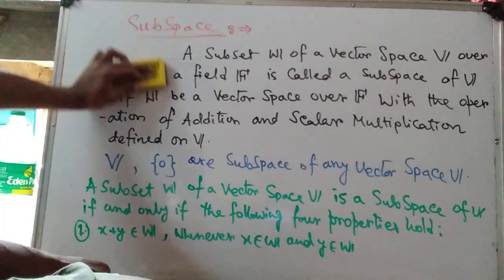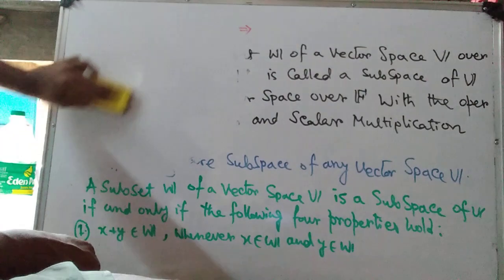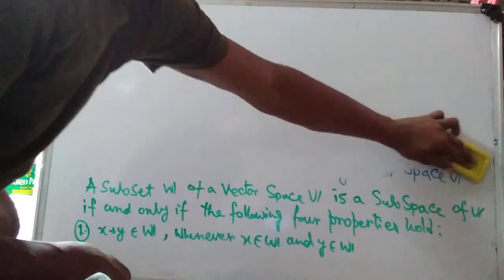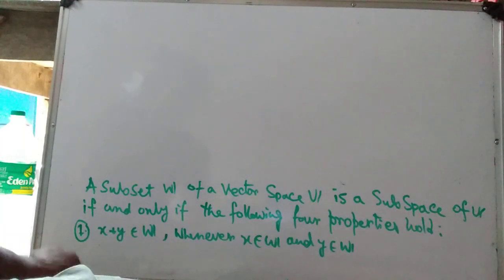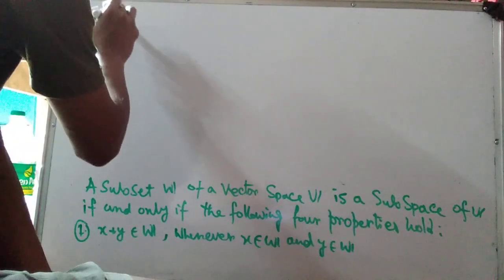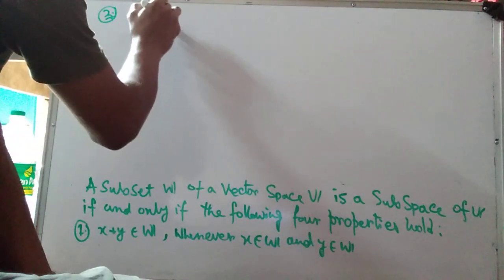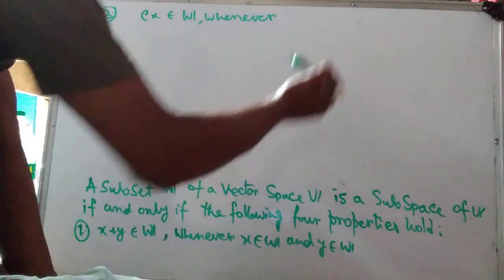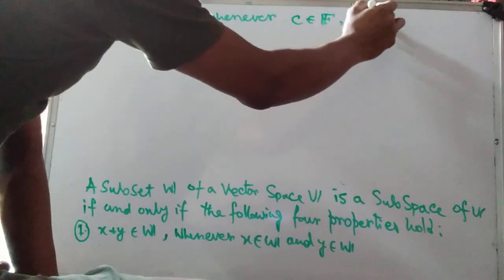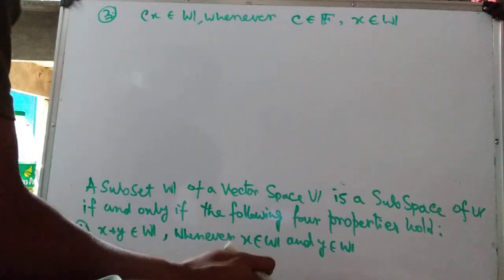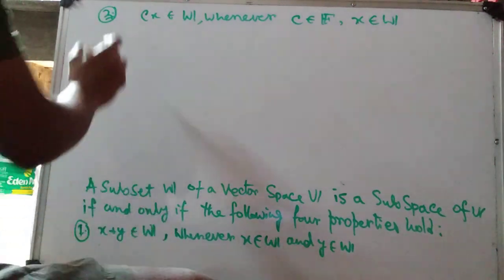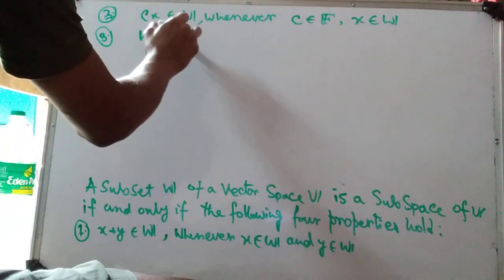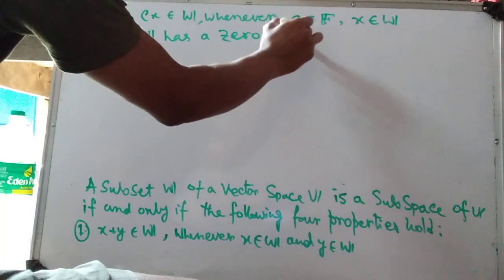Now we erase our portion and go to further discussion. Second: cx belongs to W whenever c belongs to F and x belongs to W. That means W is closed under scalar multiplication. Third: W has a zero vector.